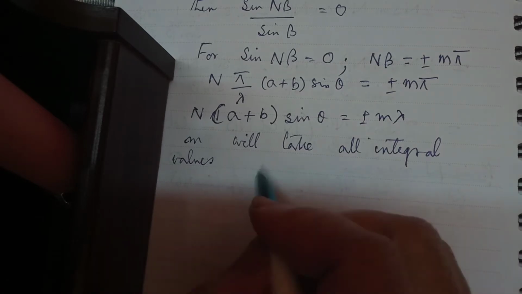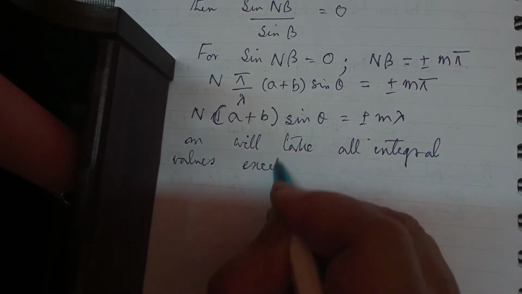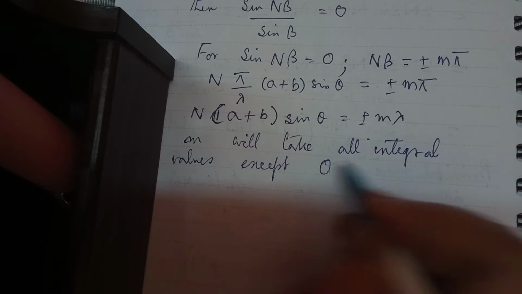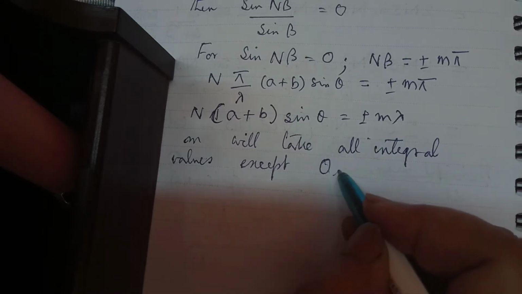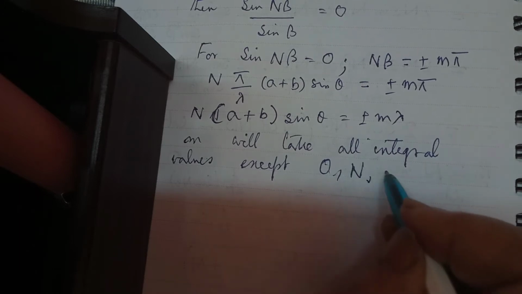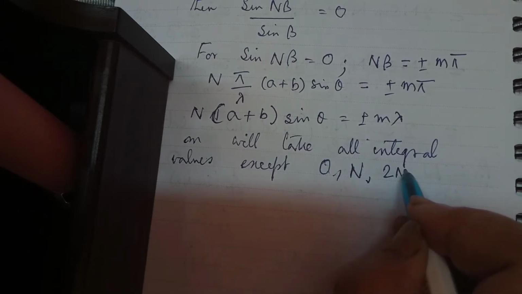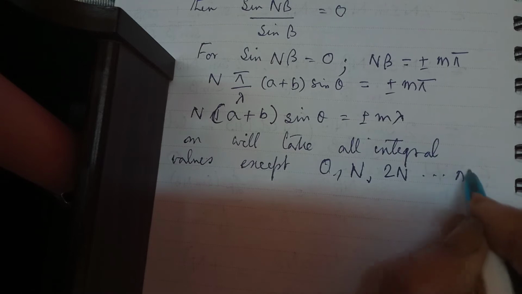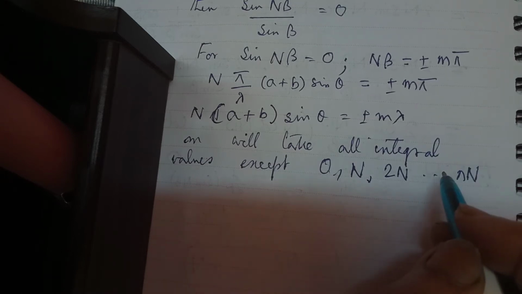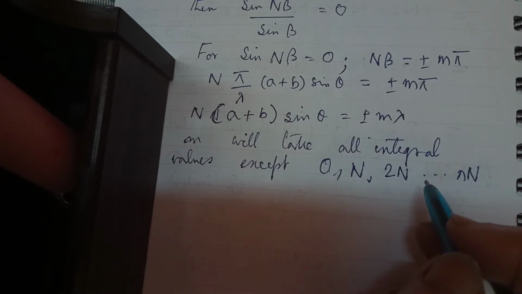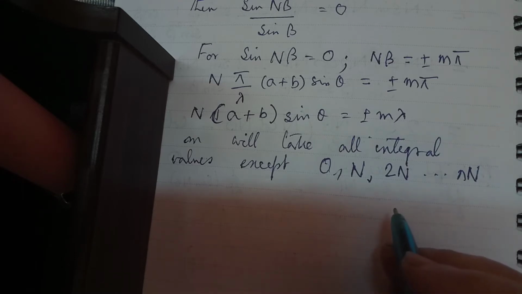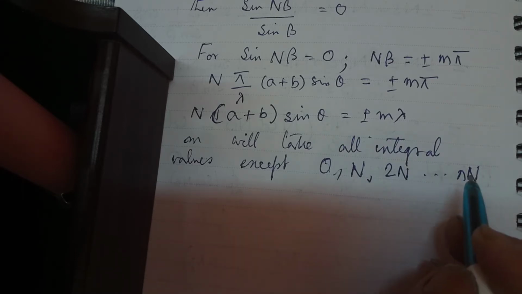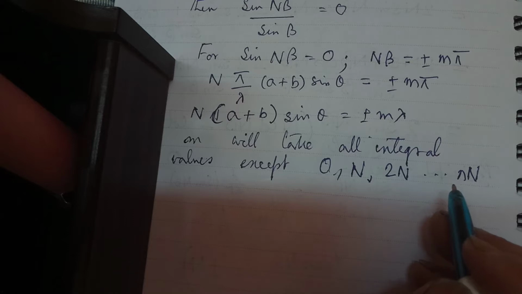Values excepting 0, which is central maxima, and n, 2n, and so on. For these values of m, sin beta also becomes 0. Then it will be indeterminate. Again, you have to take the limits, and for these values we will obtain the principal maximum.